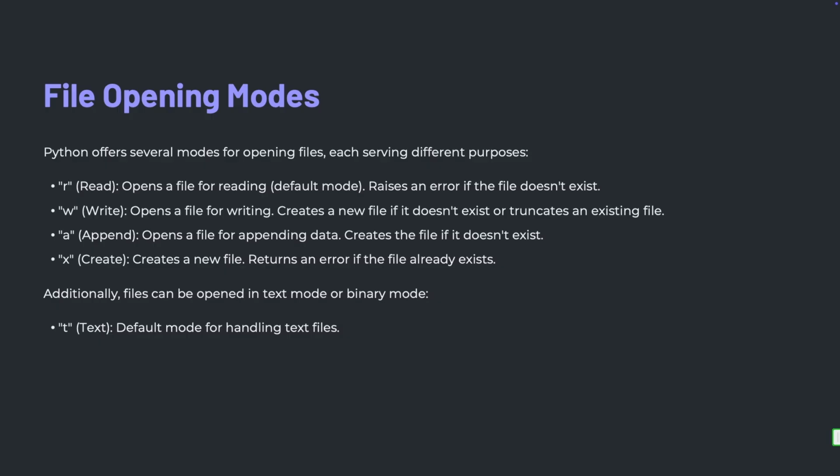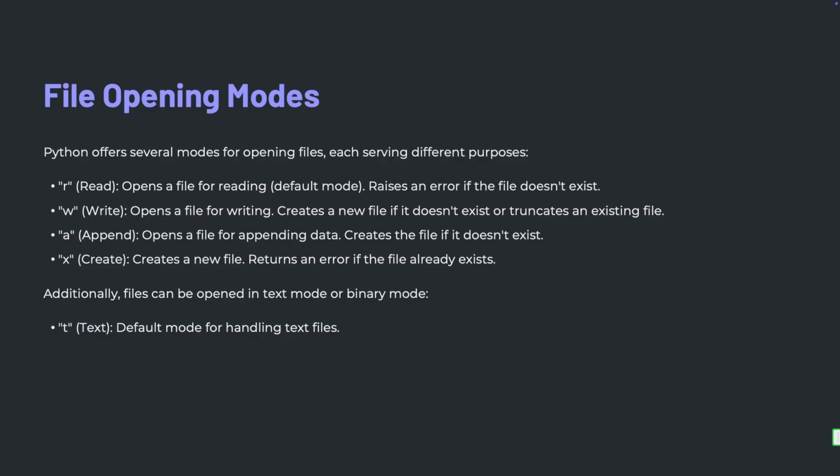It makes things easier for working with plain text. But sometimes you're dealing with files that aren't text. Exactly. Sometimes you've got things like images, audio files, or other specialized data files. In those cases, you've got to switch to binary mode, which is B. In binary mode, Python treats the file as just a raw stream of bytes, with no special interpretation. It just moves those zeros and ones around.